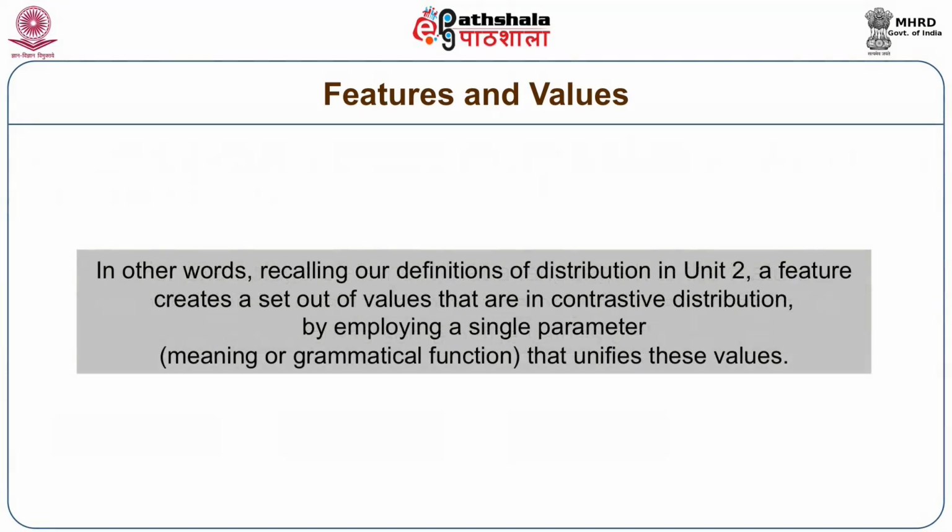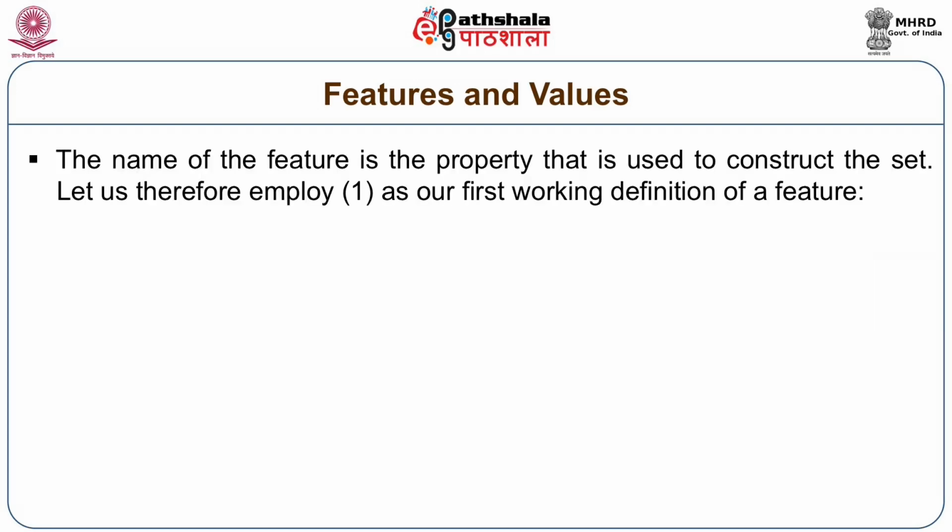So a feature is something that creates a set of values that are in contrastive distribution along a single parameter, which might be a meaning or grammatical function that unifies these values. The name of the feature then is the property that is used to construct the set.